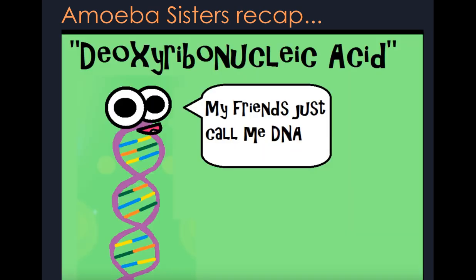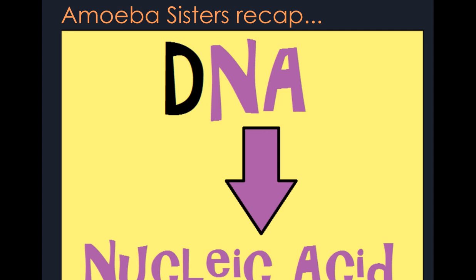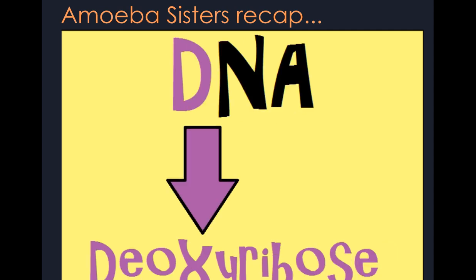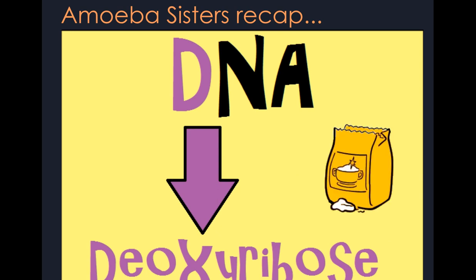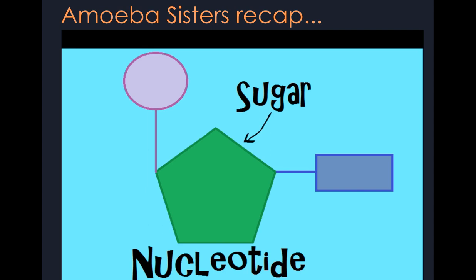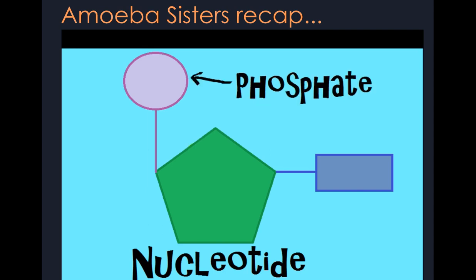So DNA stands for deoxyribonucleic acid. That's what the Na part is, nucleic acid. And that deoxyribo, that's for deoxyribose, which is a sugar. So nucleotides have three parts, and one of them is a sugar called deoxyribose. The next thing is a phosphate.